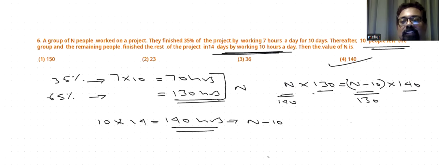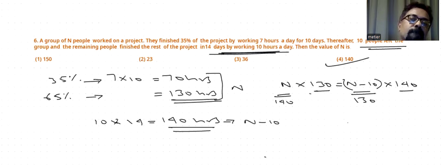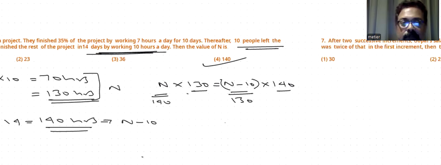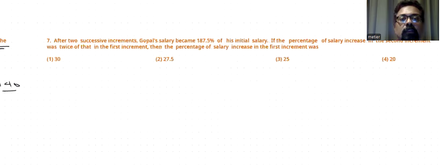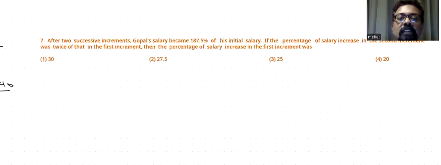Again, the same thing: simple thinking, observation, data pickup, option checking. Next, number 7. After 2 successive increments, Gopal's salary becomes 187.5% of the initial salary.